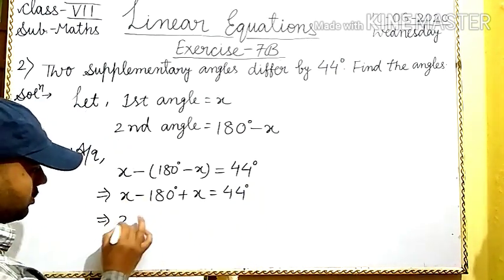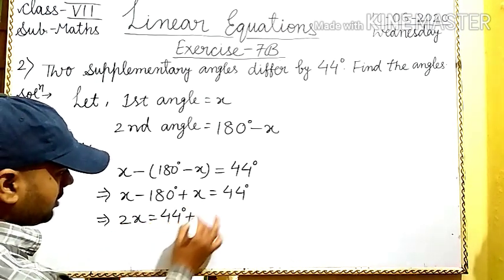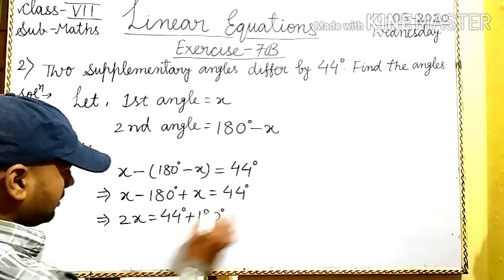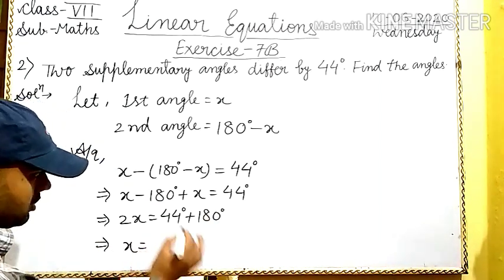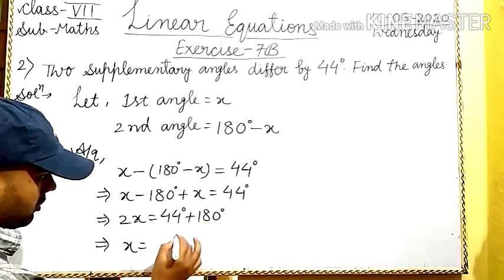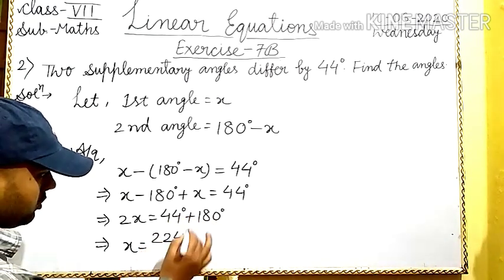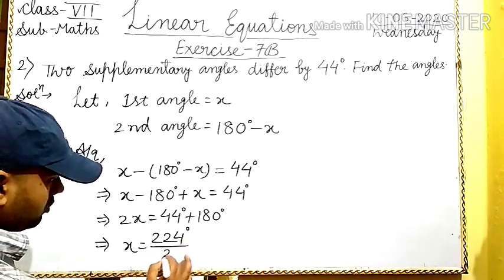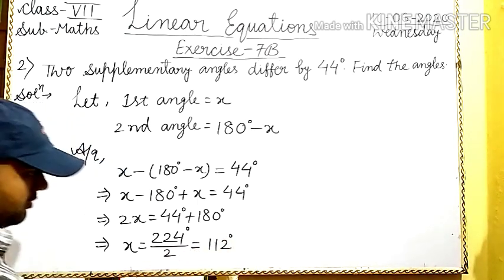X plus x, 2x is equal to 44 degrees plus 180 degrees. Next step, we get x is equal to 4 plus 0 is 4, 8, 4 plus 8 is 12, carry 1, 1 plus 1 is 2, upon 2. We get 112 degrees.